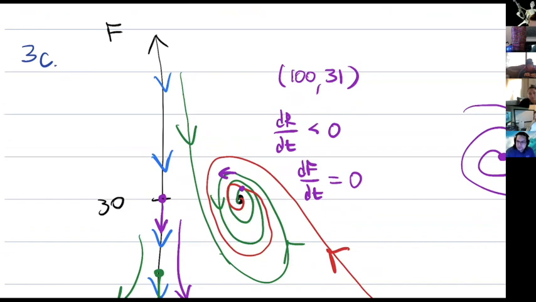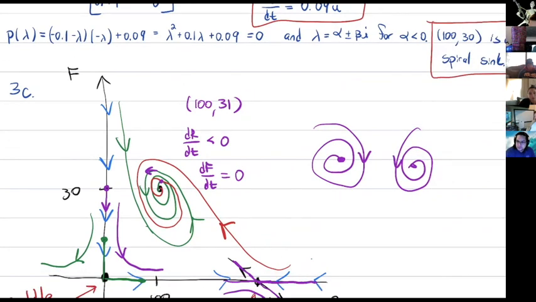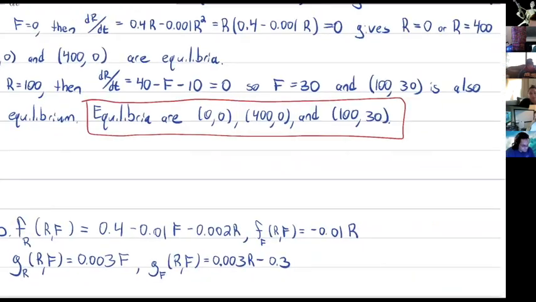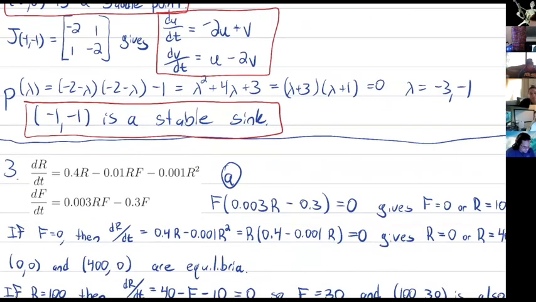And again, these values of 0 and something negative, I got from coming way back to these equations over here. All I did is I said, if I plug in 100 for R, this is going to be 0, so there's no vertical component. And if I plug in 100 for R and 31 for F, this actually gives me something negative. So that's what tells me we're moving to the left.